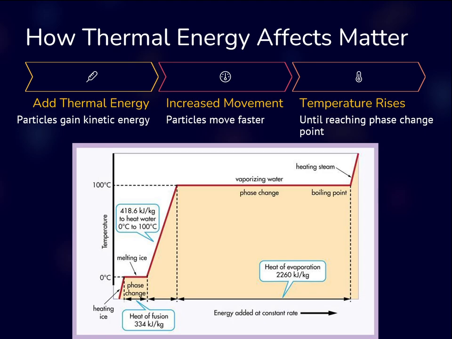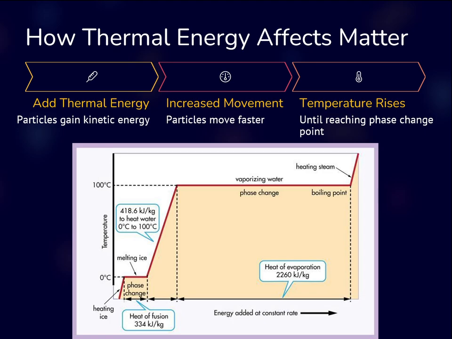Suppose you turn on a burner beneath a beaker of ice. At first, every joule you add shows up as faster vibration. Temperature rises steadily. This is a sensible heat phase, meaning energy you can sense on a thermometer. But as soon as the ice reaches 0 degrees Celsius, something dramatic happens.